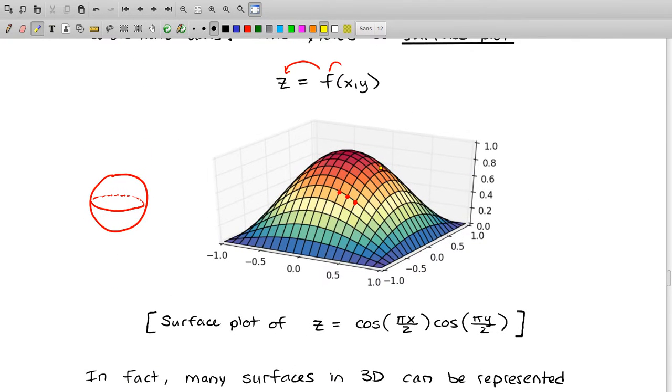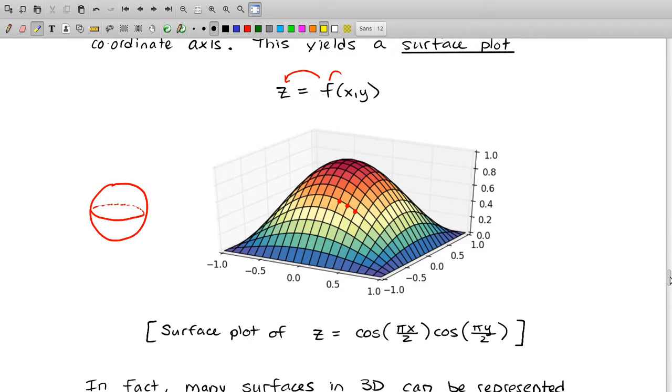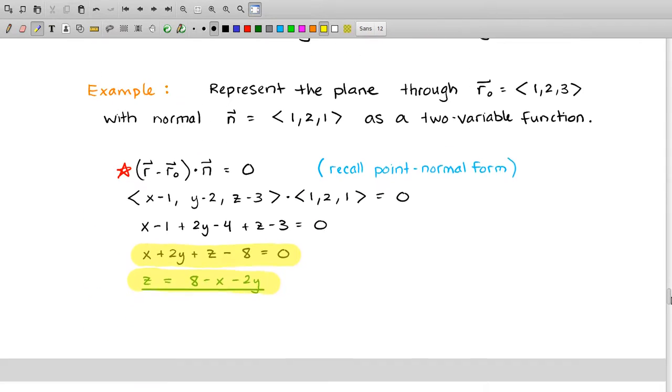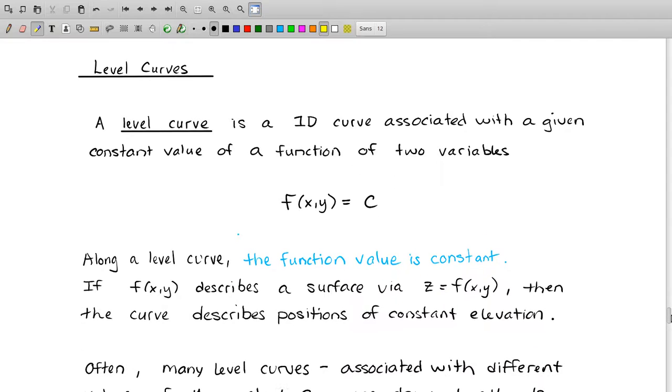This is a more complicated surface than a plane, showing the power of two-variable functions for creating surfaces. Here's another way to think about visualizing surfaces if they're represented by two-variable functions. We've got our function f of x, y, and we now look at the set of points where that equals a constant, where c is some constant.